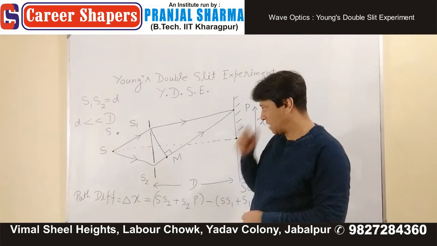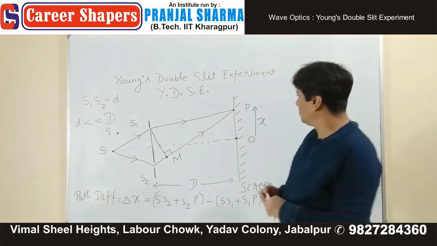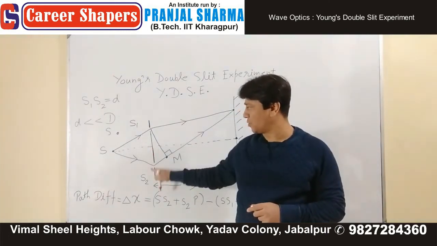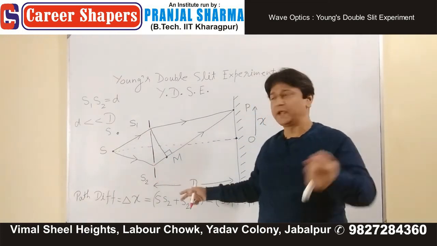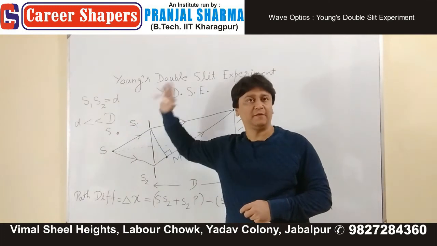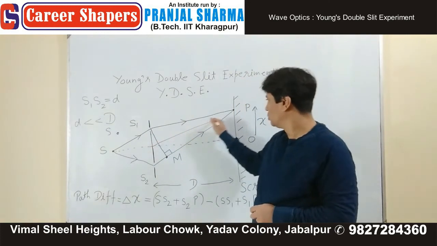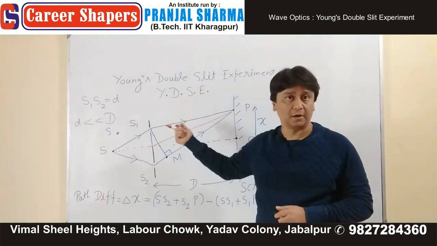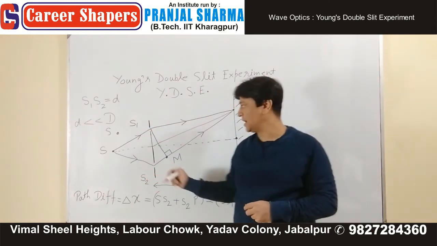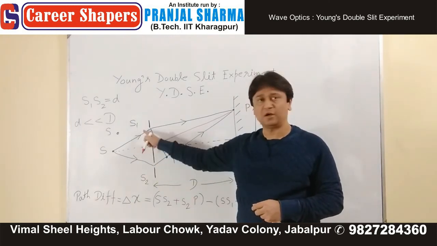This is M, and we need to find S2M. The position of P is given with respect to the center point of S1, S2. Or you can say S1 or S2, because the separation between S1 and S2 is very, very small. So how do I locate point P? Should I locate it with respect to S1 or with respect to S2? We say that we locate point P with respect to the center of S1 and S2.